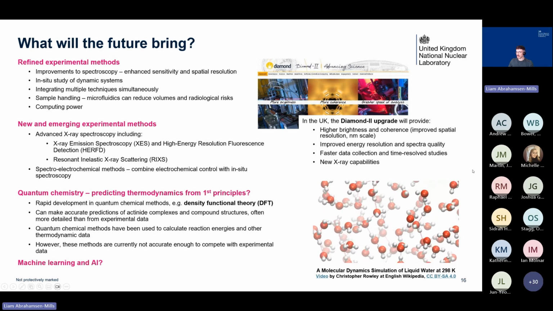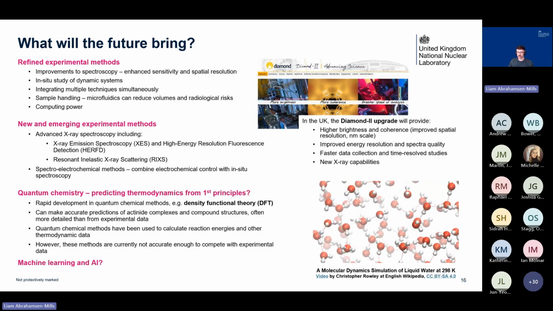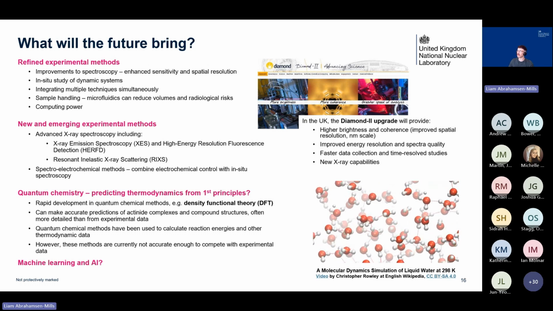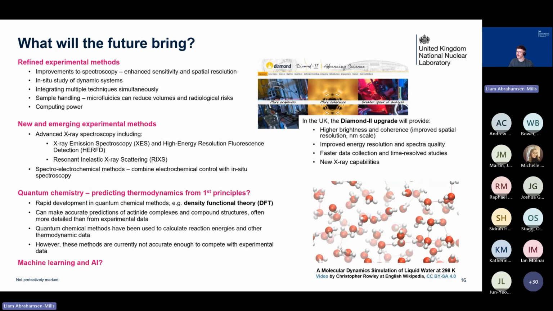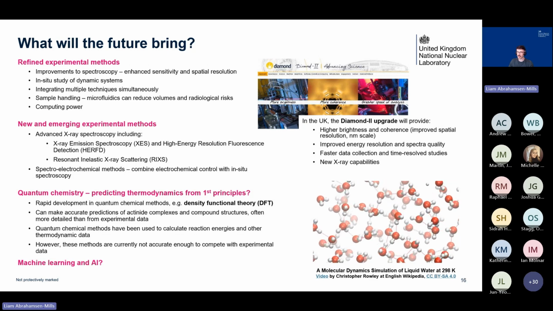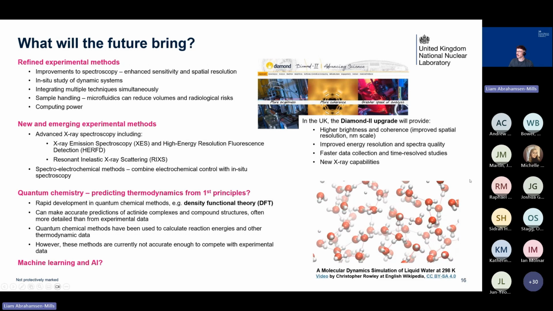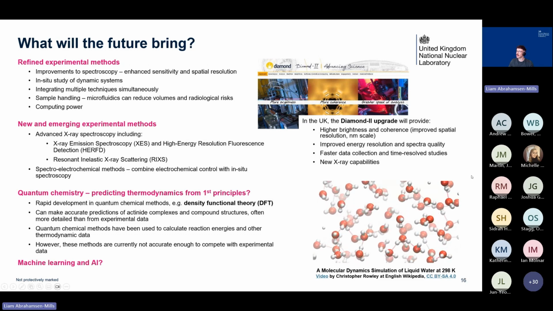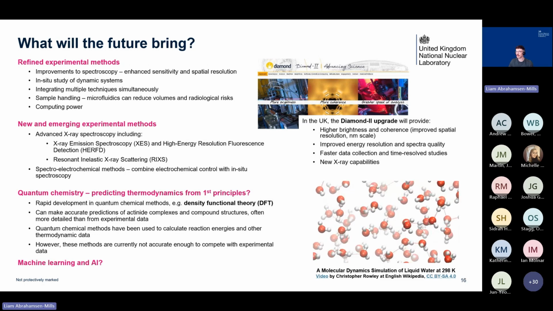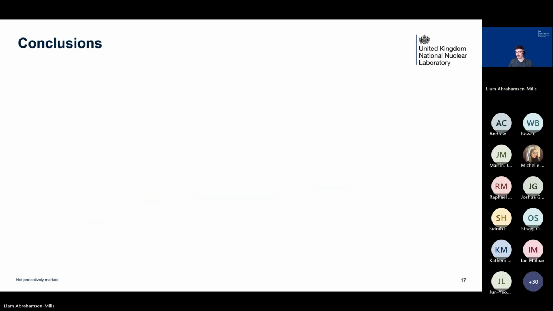What about machine learning and AI? Machine learning is already being used to help process very large amounts of data and find trends and correlations that might be difficult by humans or more traditional techniques. I think the jury's out on how AI might help us with some of these techniques in the future, but definitely something to keep an eye on.